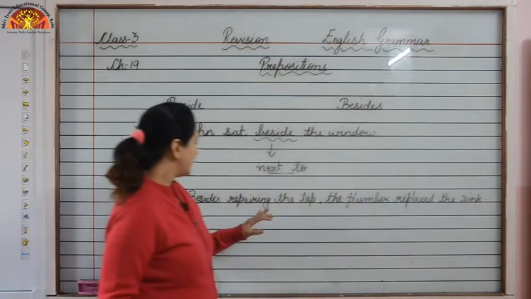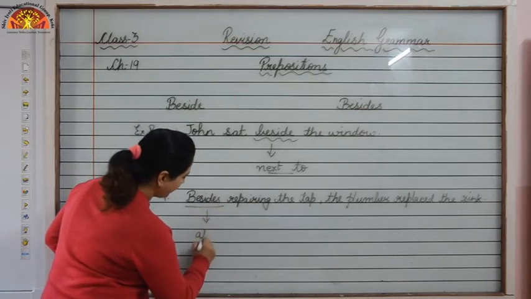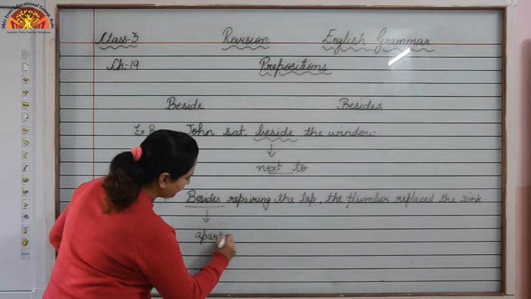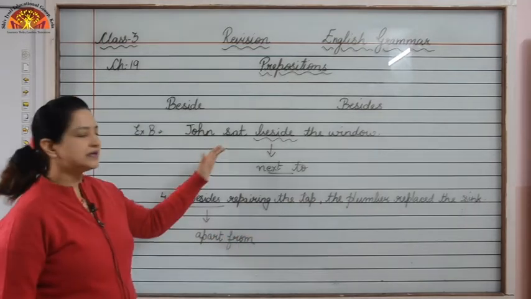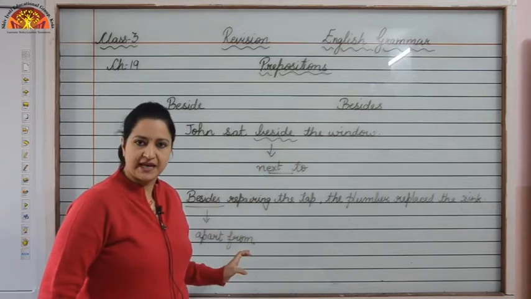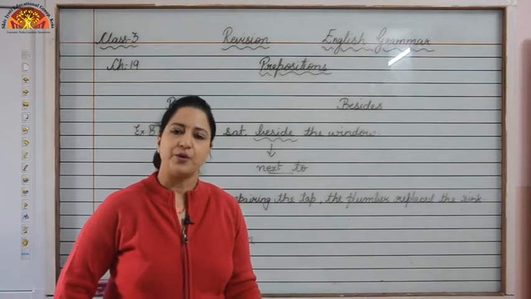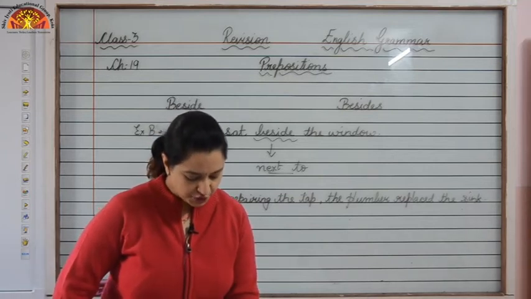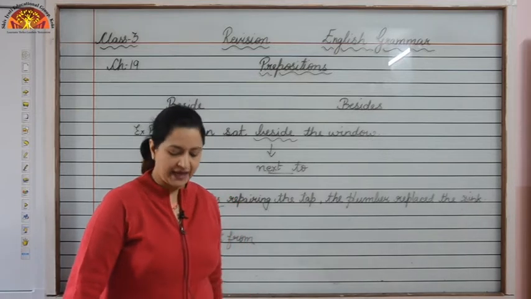So here in this sentence, it means apart from. This is the basic difference between beside and besides. Now let's do a few examples from your book. On page number 77, exercise number A.